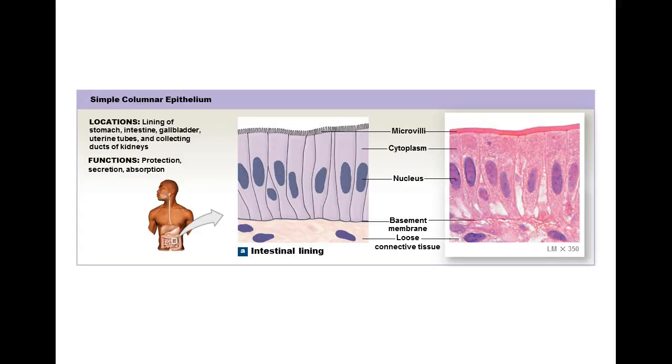That's transitional epithelium. Simple columnar epithelium, you find this in the stomach, intestines, bladder, some parts of the urinary system, a certain aspect of the nephron, which is the functional unit of the kidney, and again, protection and secretion and absorption.